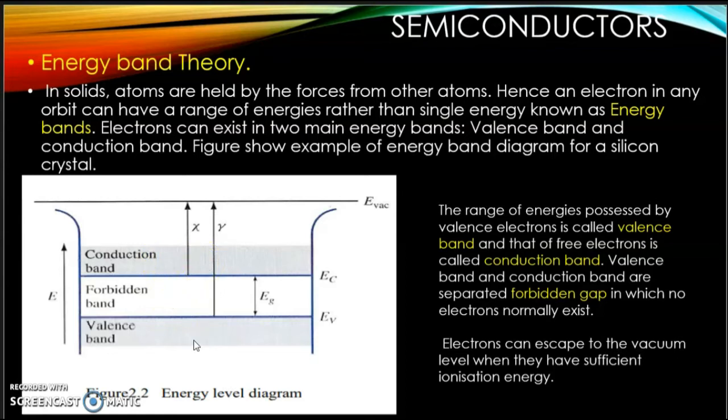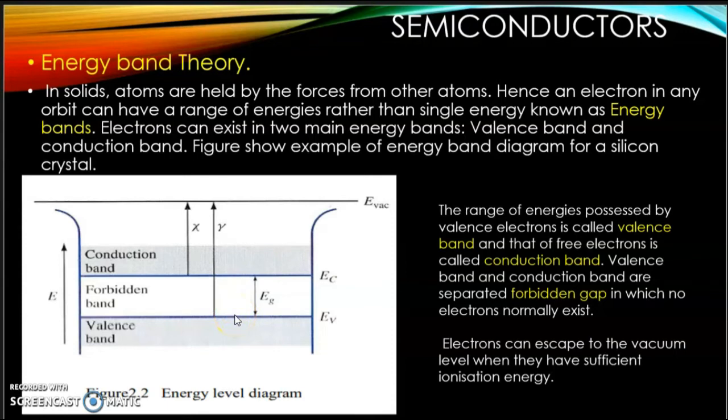Whenever an electron is on the outermost orbital, we call it a valence electron. So these valence electrons are found in the valence band. And for a material to conduct electricity, or to have a low resistivity, electrons at this valence band must gain energy to overcome this gap here.